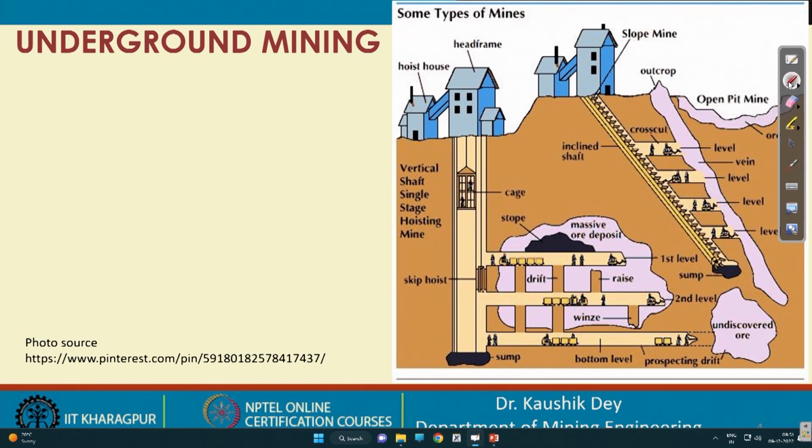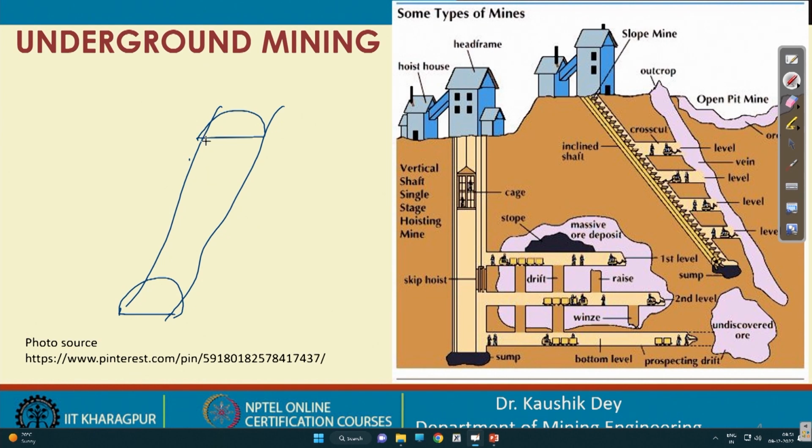If we look into this once again, suppose we have to excavate, this is one level, this is another level.